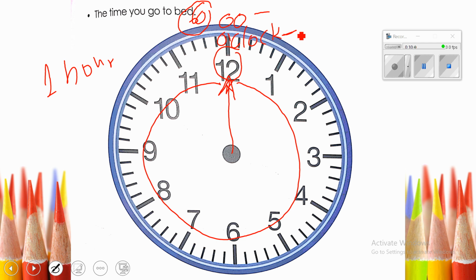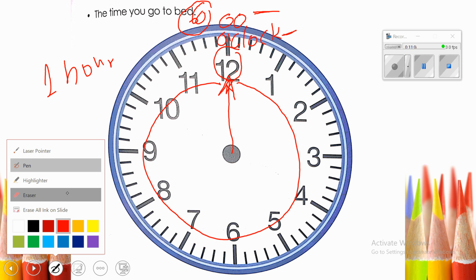O'clock for telling time with the analog clock, the first way, and 0 minutes for the next way. So we are focusing on the first point: when the minute hand is on 12, that means o'clock. Now let's go.